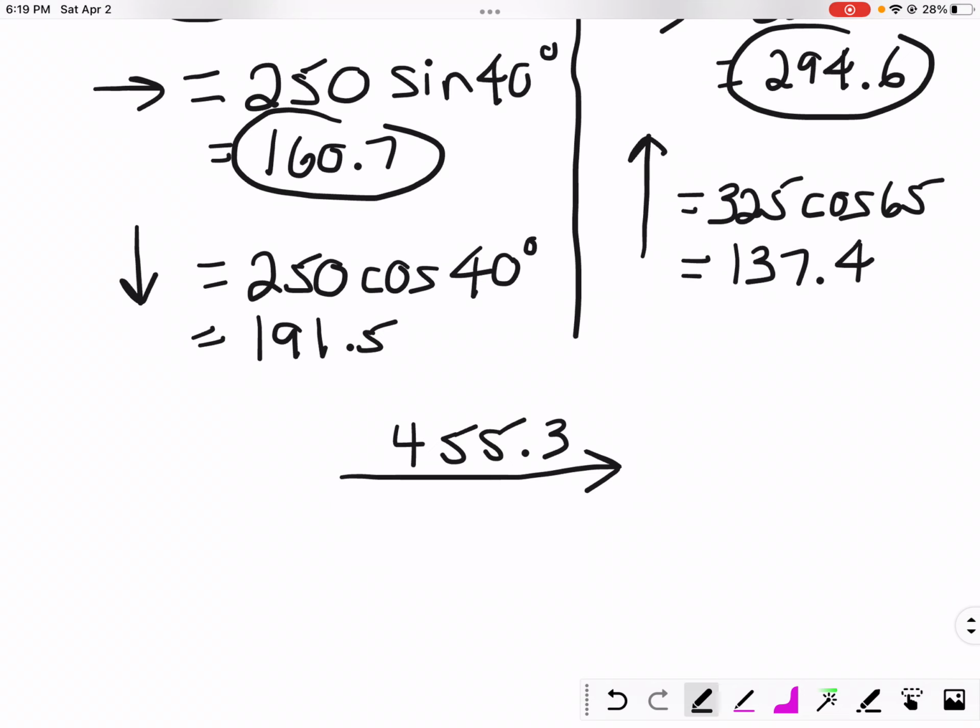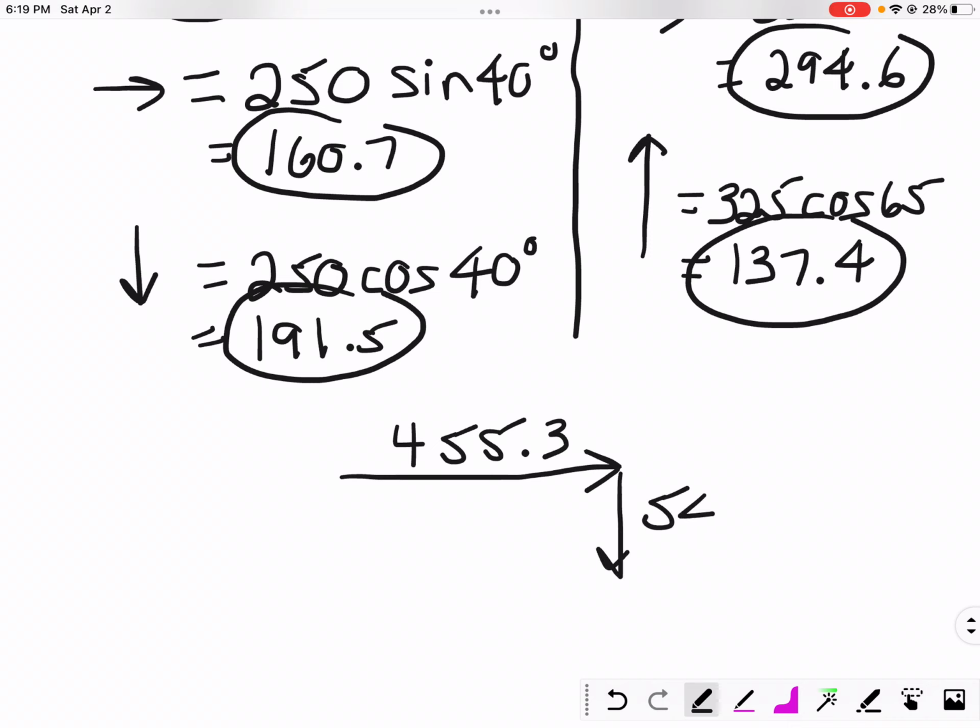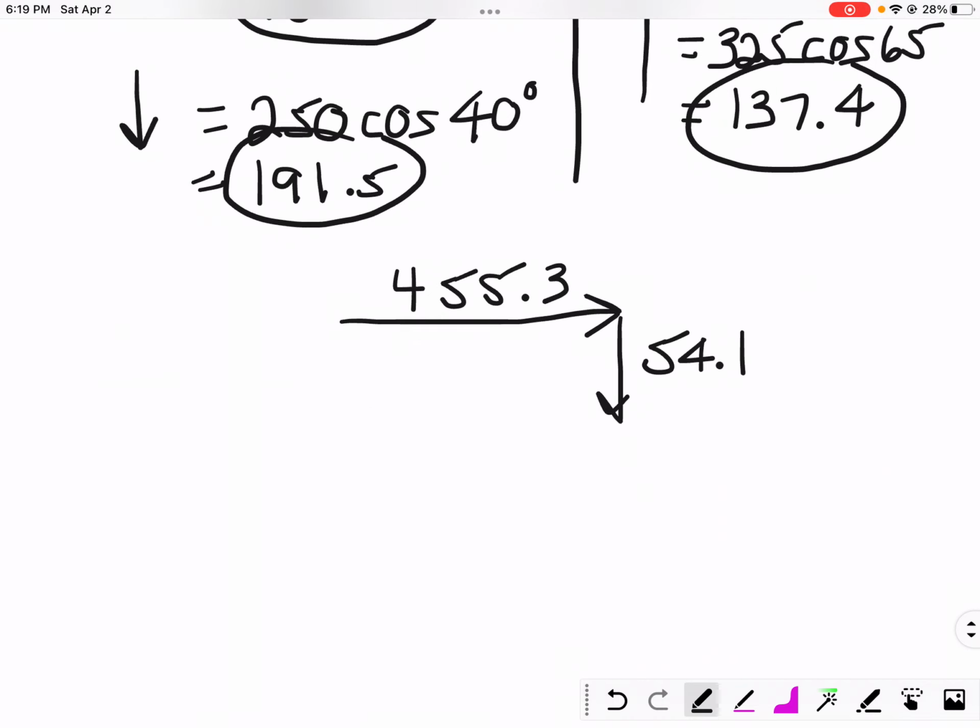And then we're going to take this one, which is going down, combine it with this one, which is going up, which is going to result in 54.1 going down. This is the resultant here.